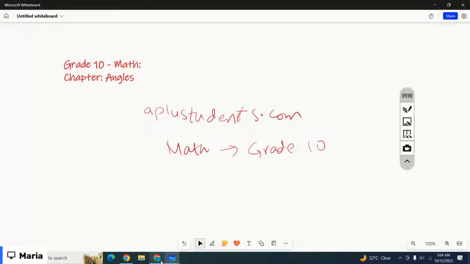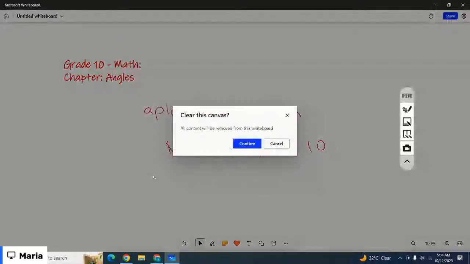Okay, the first one is angle vocabulary, right? So first let's discuss some of the basic words related to angles. The first one is, what is a vertex? For example, you are given an angle, this one, STU.